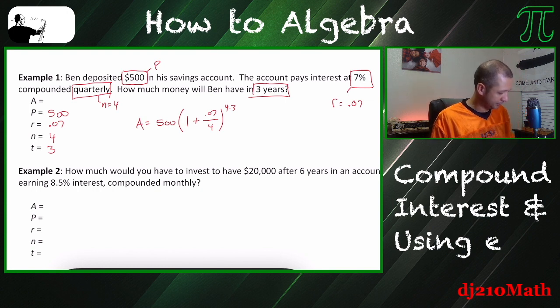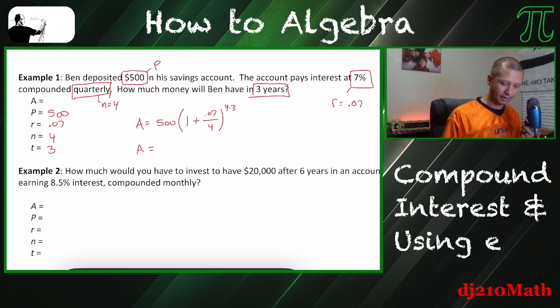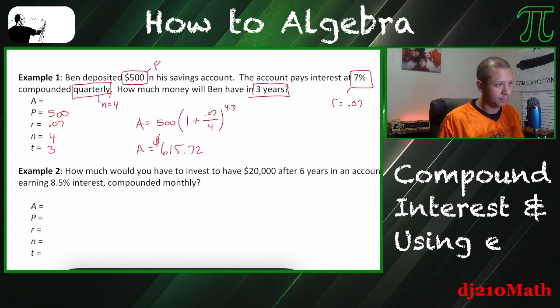So we see that the money that Ben would have is $615.72. So notice we had a starting amount and then all the criteria, all the details that they gave us, and you just fill in the formula.